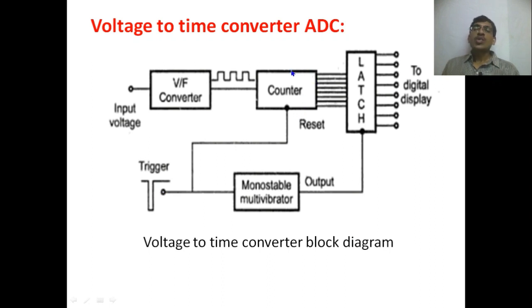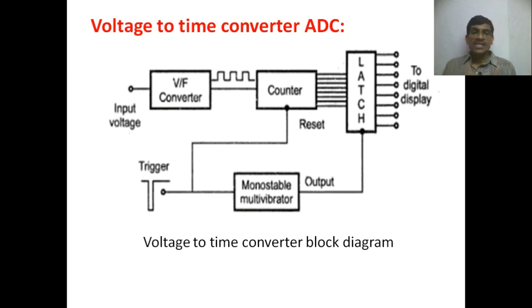The number of counts generated during the quasi-stable time period of the monostable multivibrator is used to calculate the analog input voltage. Based on that, we are converting the analog voltage into a digital binary code. The monostable multivibrator time period is a fixed one.